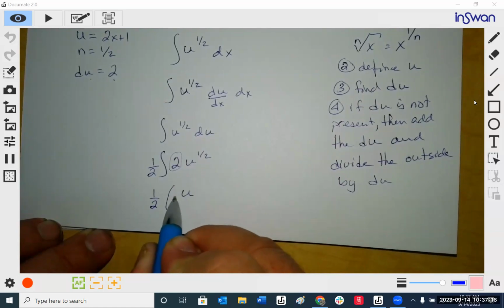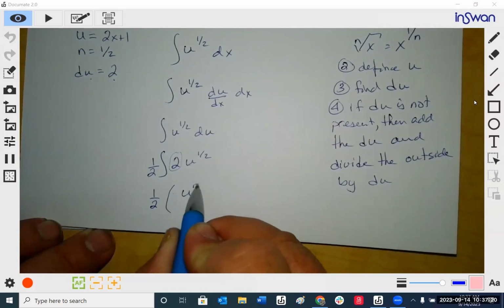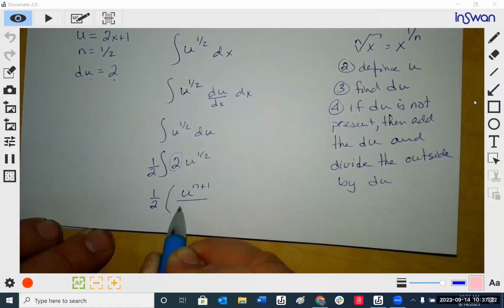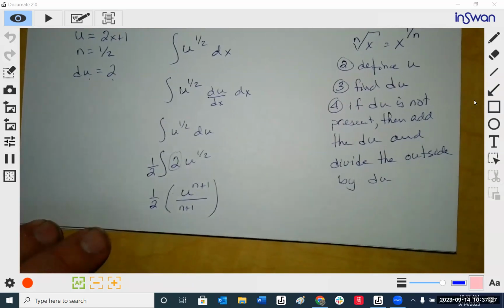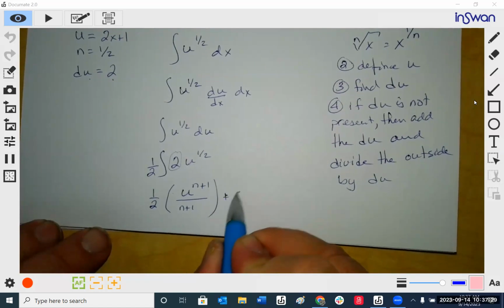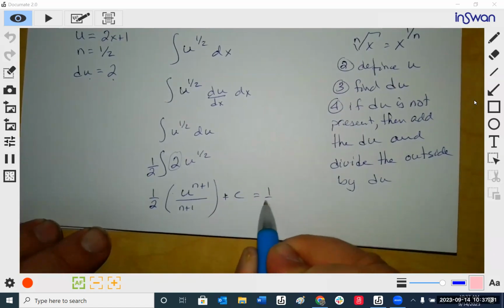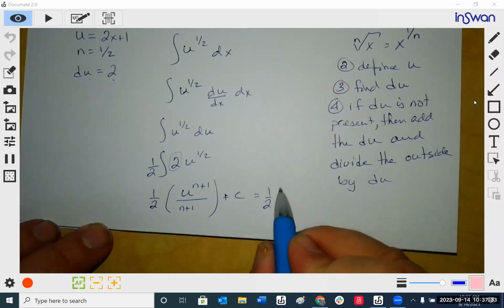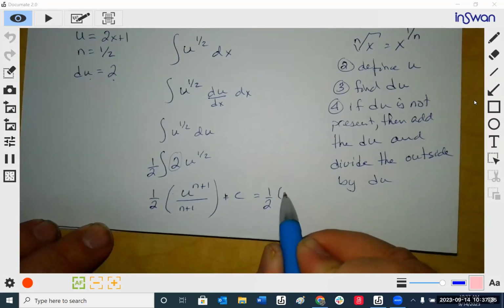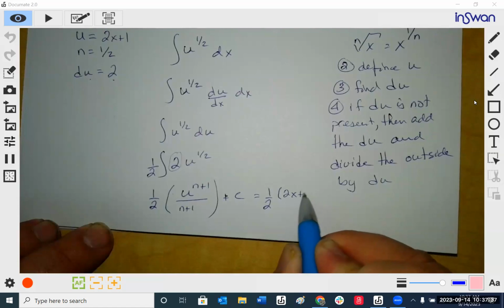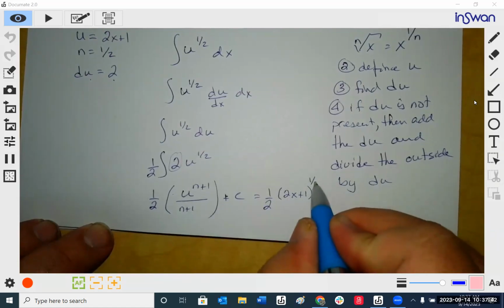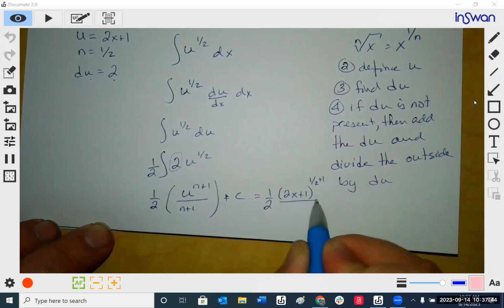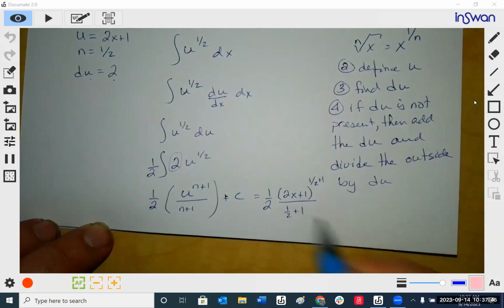is u to the n plus 1 over n plus 1 plus c. So it's 1/2 times 2x plus 1 to the power 1/2 plus 1, all divided by 1/2 plus 1.